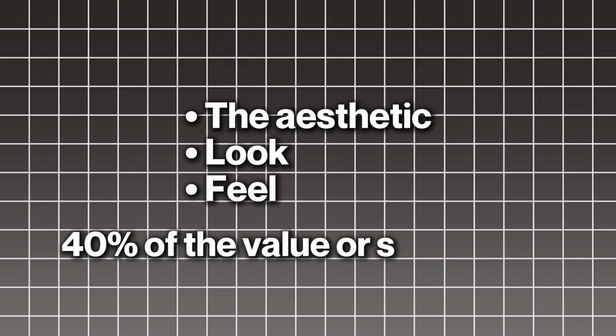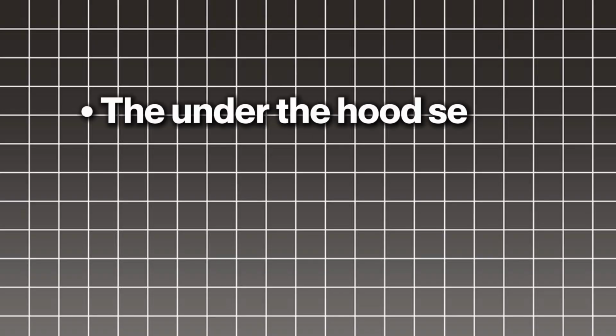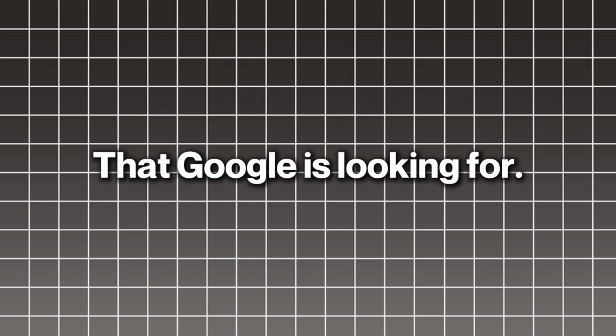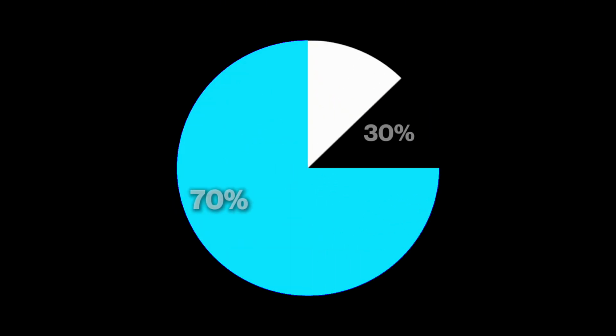The aesthetic, the look, the feel of your website is really about 40% of the value or the substance. The way that it looks for human users, while important, is not the only factor that will determine the success or the failure. The under the hood setup, the optimization, the code, the SEO that Google is looking for is about 60 to 70% of the substance or value of your site.